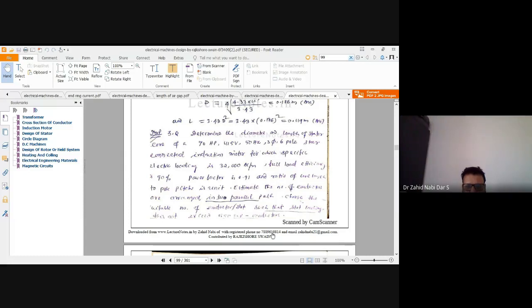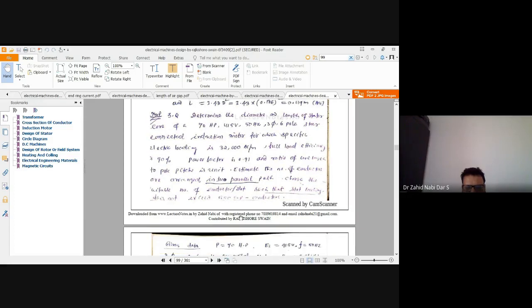See, determine the diameter and length of stator core of a 70 HP, 415 volt, 50 hertz, 3-phase, 6-pole star connected induction motor, for which the specific electrical loading is 32,000 ampere conductor. So you have this question, so everybody has read it. How do you go about the given path?